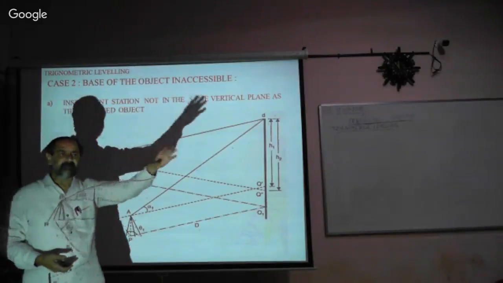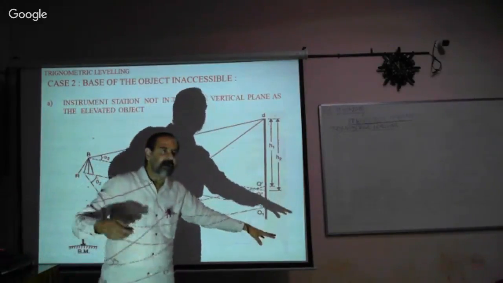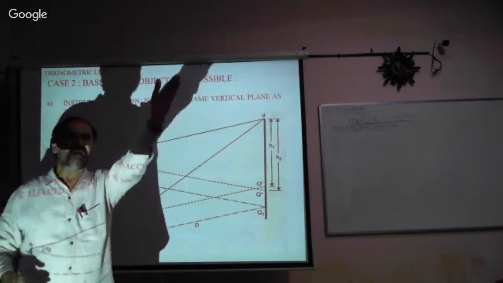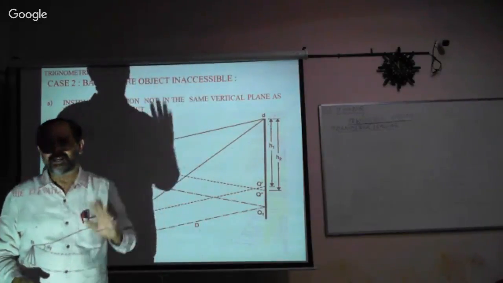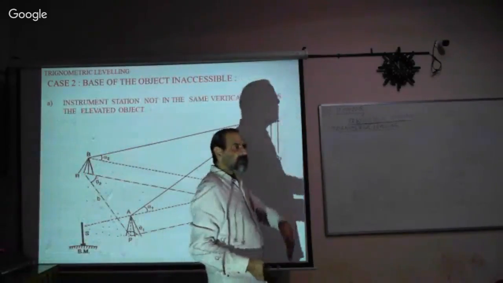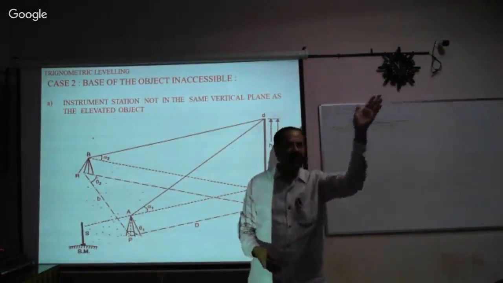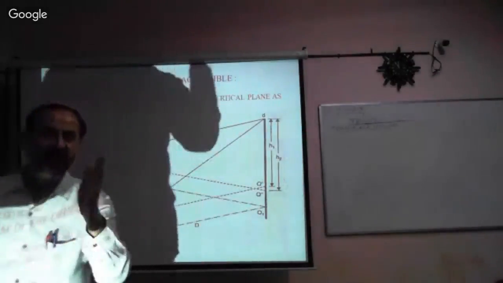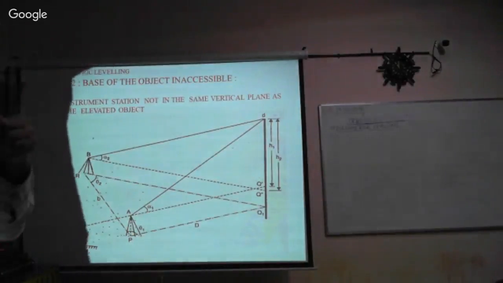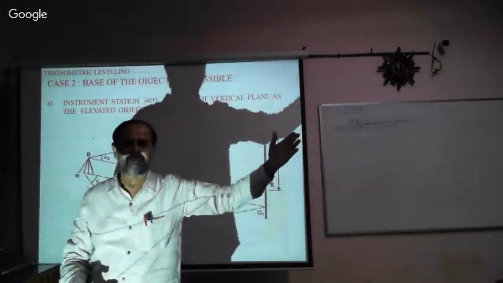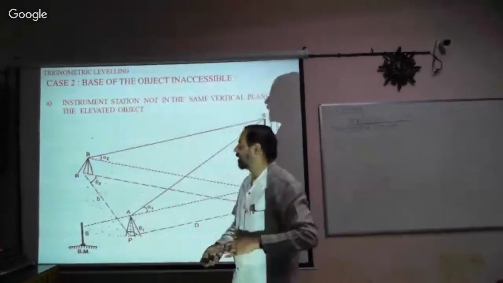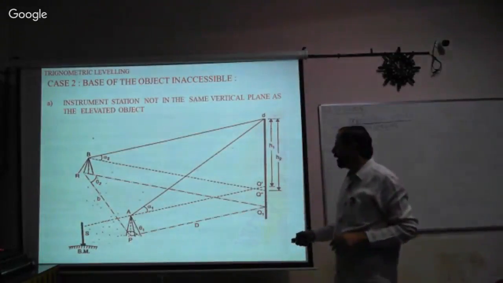Double plane method: instrument station, instrument station and the elevated object. One plane is instrument station and elevated object, and that is another plane. Understood? Now this forms a triangle on the ground.